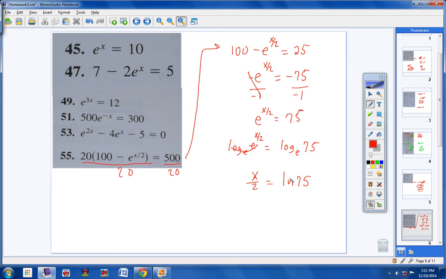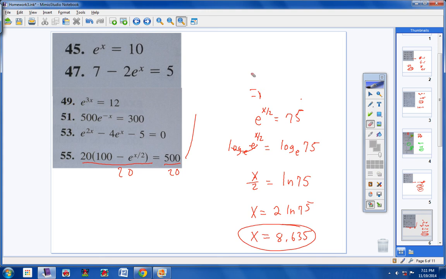Okay, multiply both sides by 2. And now you're all done. Take your calculator and type in 2 natural log 75. Enter. And you should get 8.635. Okay. Alright, moving on.